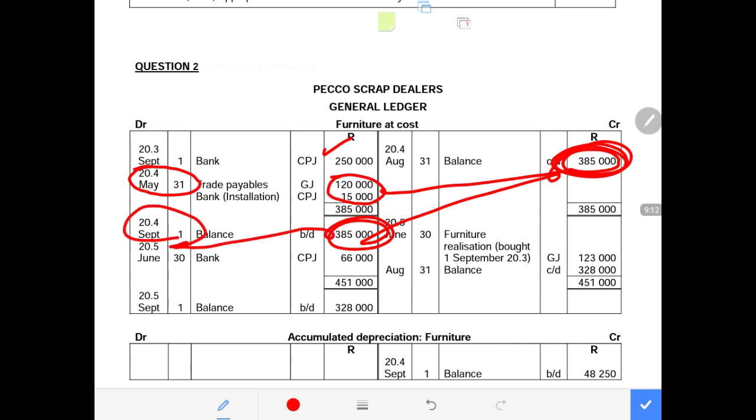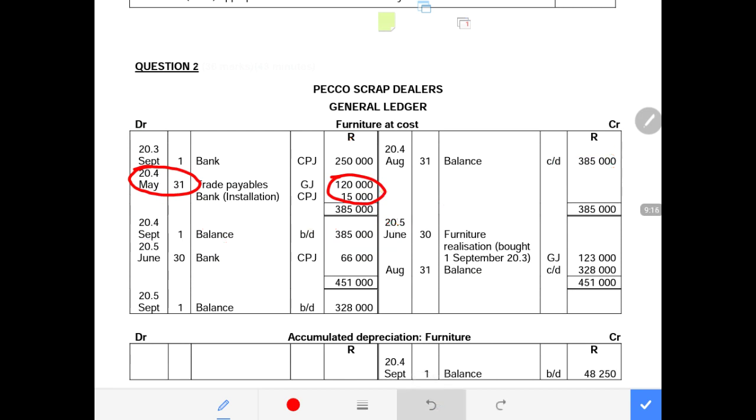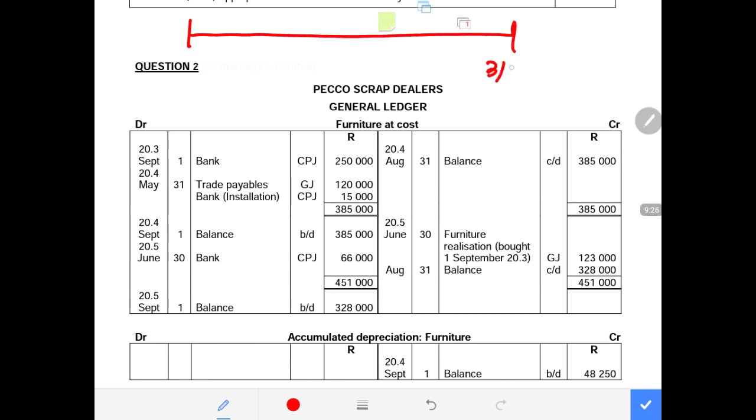Remember, our accounting period starts on the 1st of September 2004 and ends on the 31st of August 2005. Let me draw this line again here, very clearly. Our year is ending 31st of August 2005. It started on the 1st of September 2004.